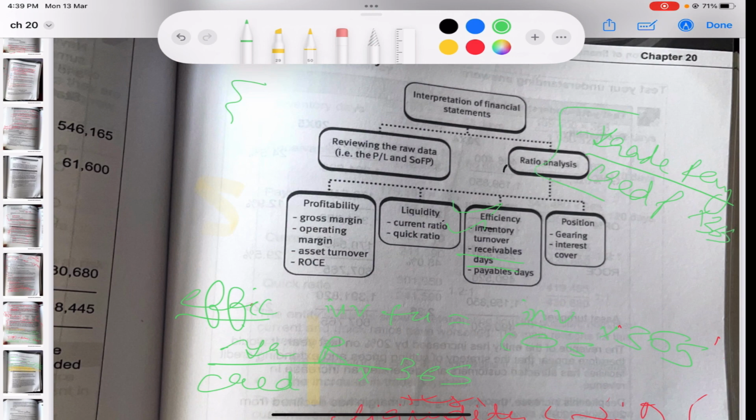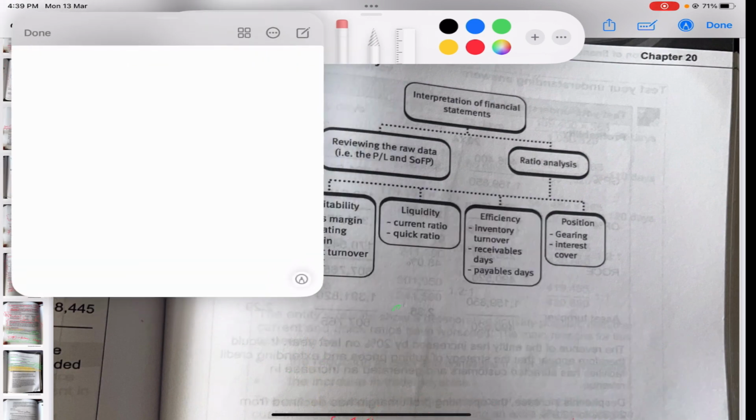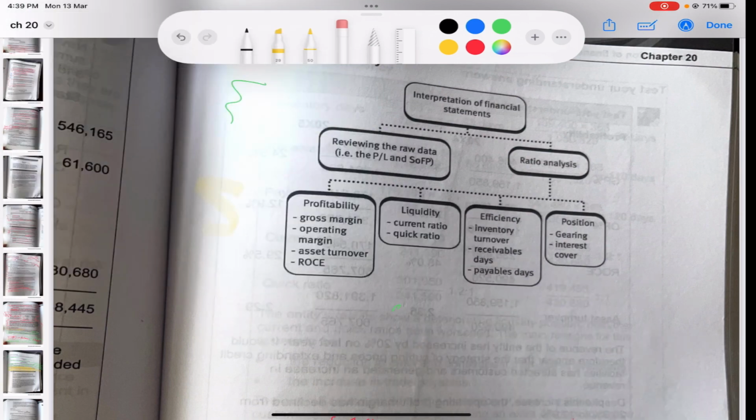So these are basically my efficiency ratios. So what comes in my profitability ratio? Gross profit ratio, operating profit ratio, ROCE and asset turnover, right? And in liquidity I have current ratio and quick ratio. In efficiency I have inventory turnover, receivables and payables.